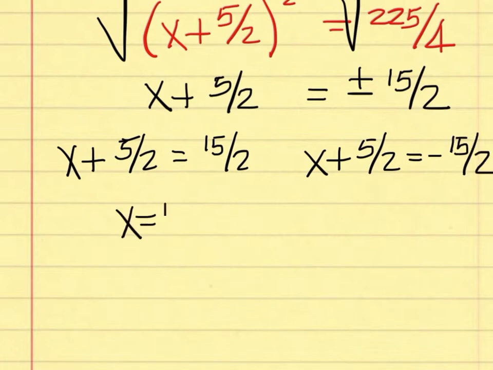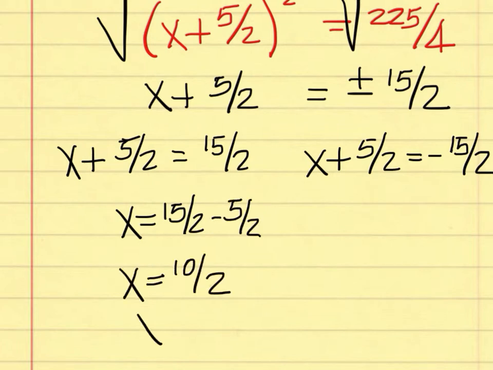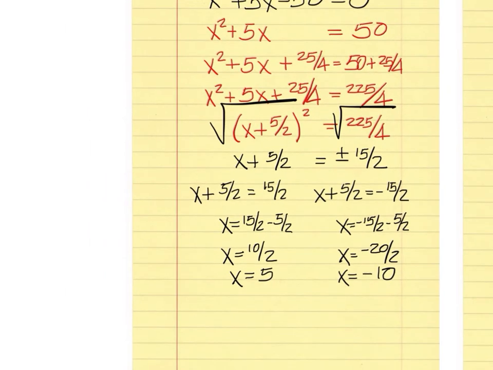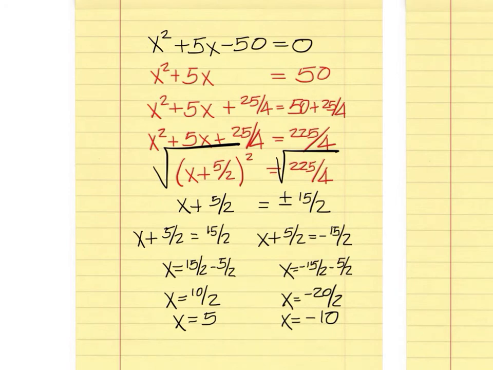On the left-hand side, it will be 15 over 2 minus 5 over 2, and that will give you 10 over 2, which is an answer of 5. On the right, it is negative 15 over 2 minus 5 over 2, which is negative 20 over 2, gives you an answer of negative 10. If you have 5 or negative 10, come on up.